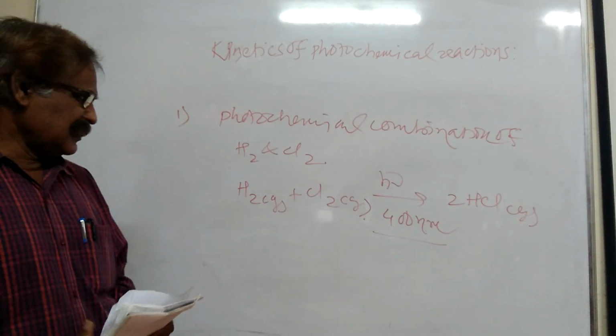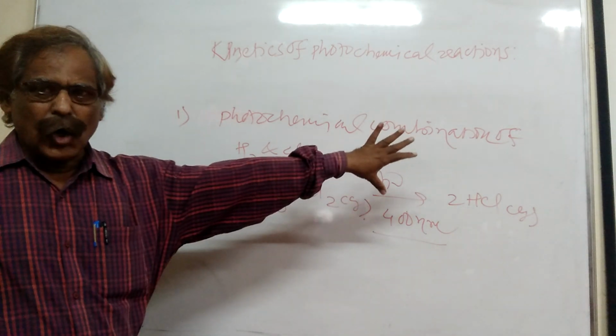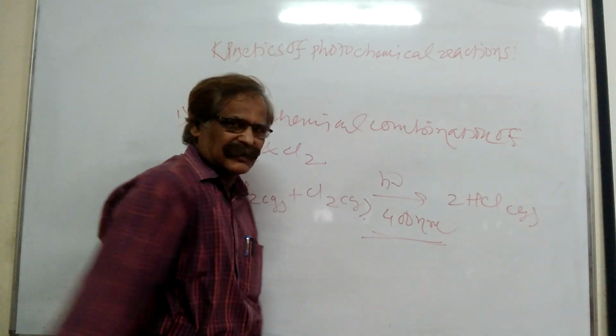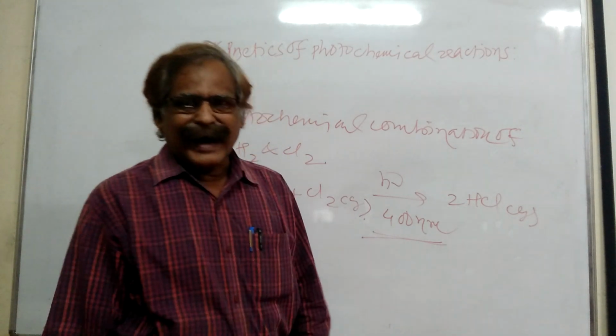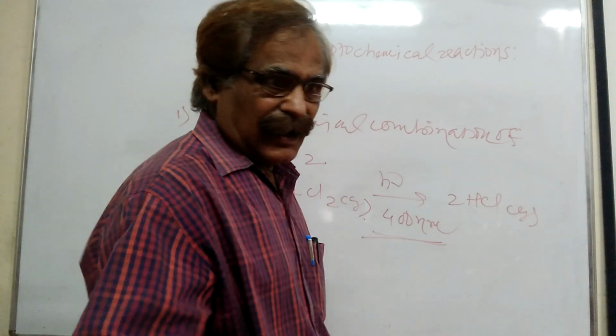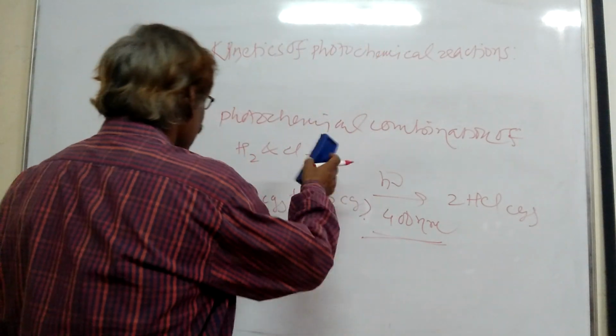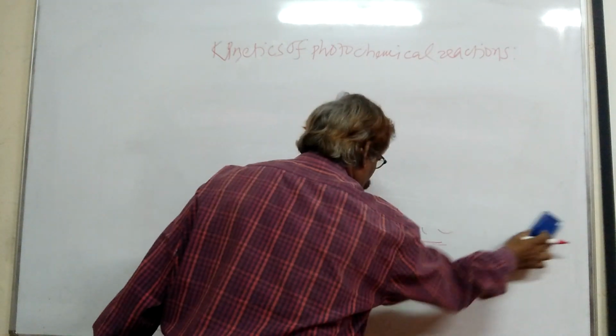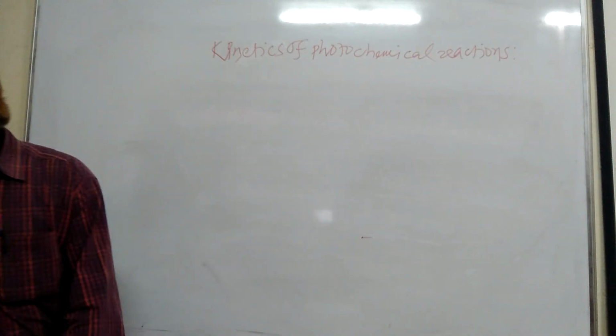So this reaction exclusively occurs on absorption of electromagnetic radiations falling in the ultraviolet region of the electromagnetic spectrum. Let us see one more example of a photochemical decomposition reaction.